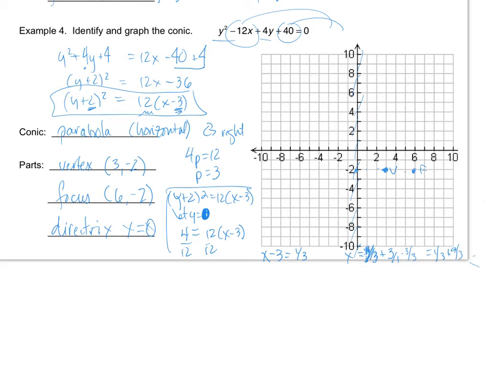Gives me 10/3. So 10/3 is what? Well, a little bit more than 3. So when x is a little bit more than 3, y is 0. Using my axis of symmetry, I have another point, and I can graph my parabola.